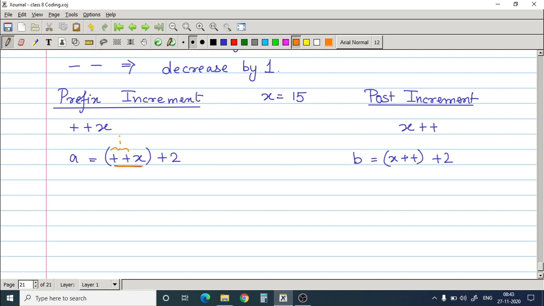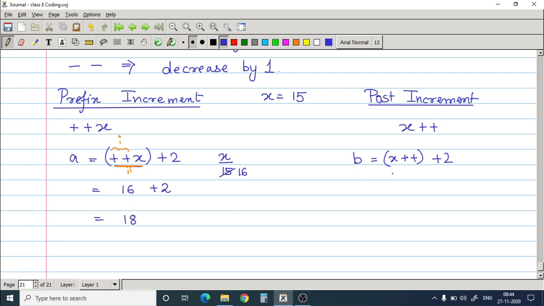So first increment, then substitute. What is the present value of x? The present value of x is 15. So first you increase by 1, so after increasing it becomes 16, and then you substitute plus 2. So this yields 18.